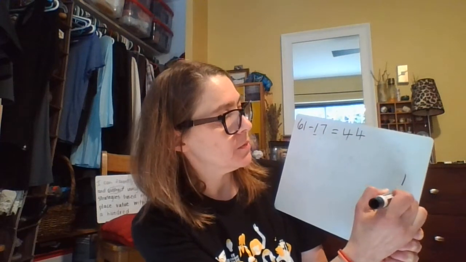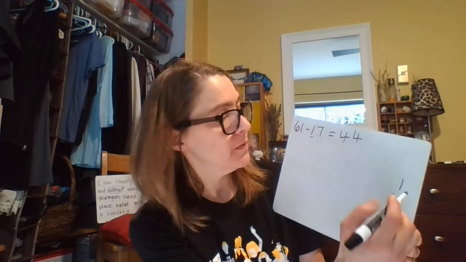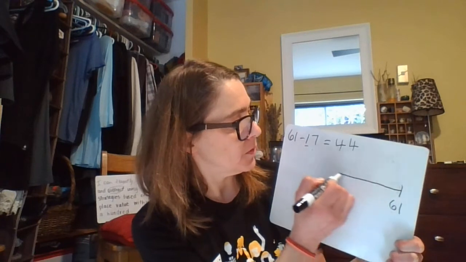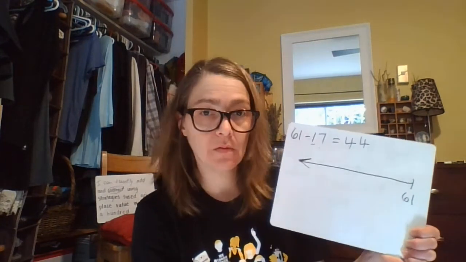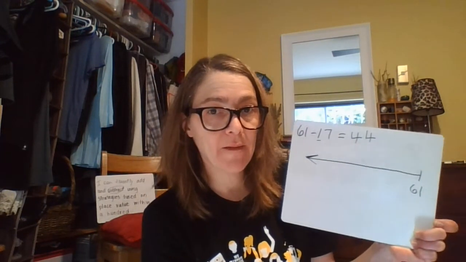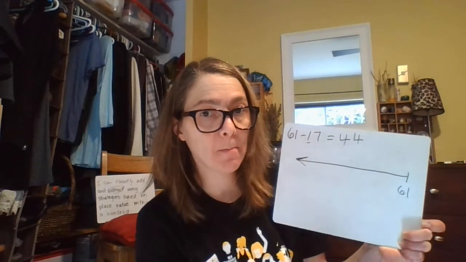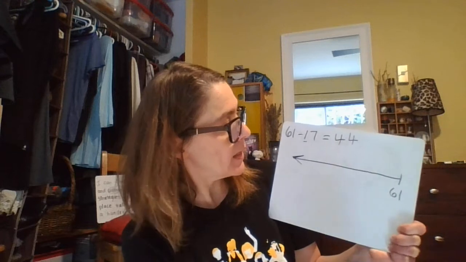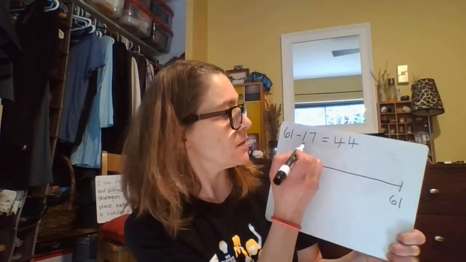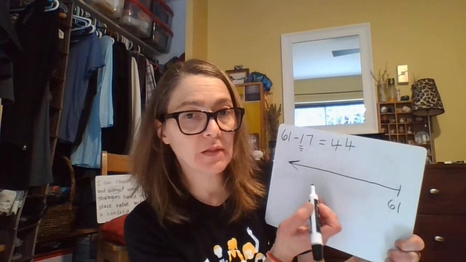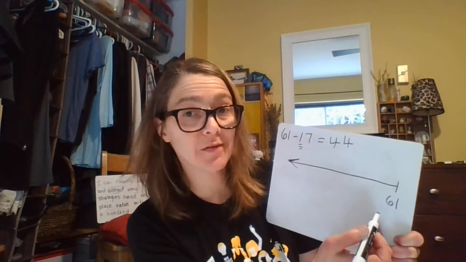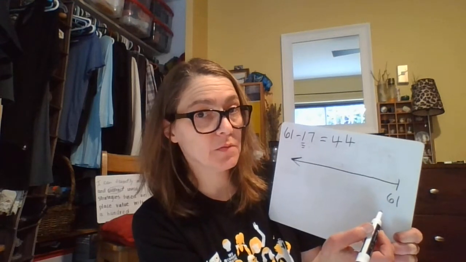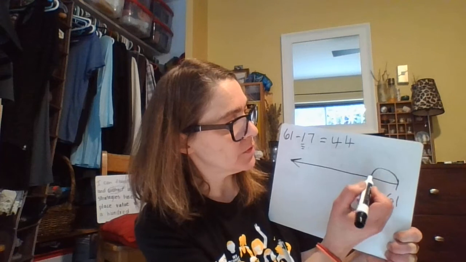So we're going to put 61 right there, and then we're going to put our decreasing number line. It's going down. It's getting less. And we're going to remember that this is 1 ten and 7 ones. So we're going to take away a 10 first.